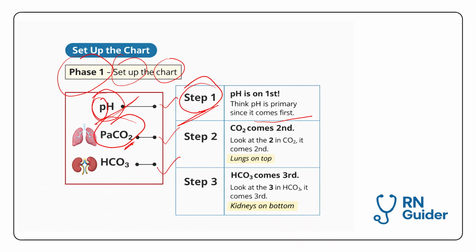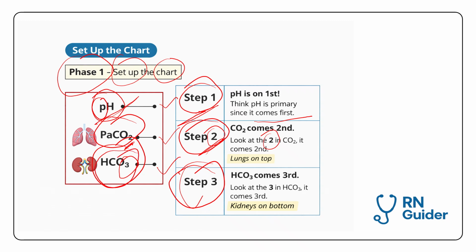Here we can look at the 2, and seeing the 2, we can remember that carbon dioxide will come in step 2. In the third step comes bicarbonate. Here you can look at the 3, then you can remember that in step 3 on this chart comes bicarbonate. So it's easy, right?